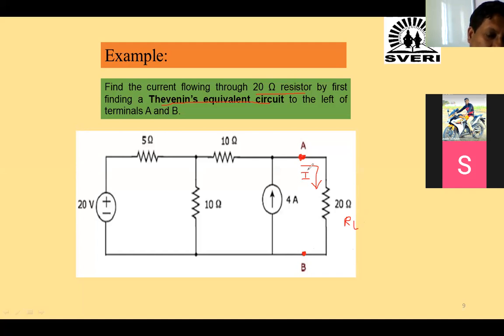The second step is to find VTH between the A and B terminals. Third, you have to find RTH, the equivalent resistance. Fourth, you have to draw the Thevenin's equivalent circuit. And after that, you have to find the current passing through 20 ohm. So these are the steps you have to follow in method 1.